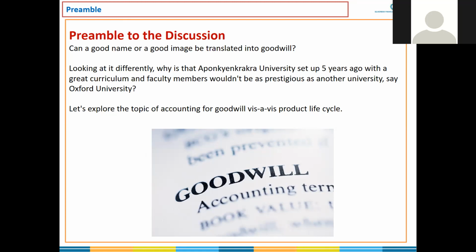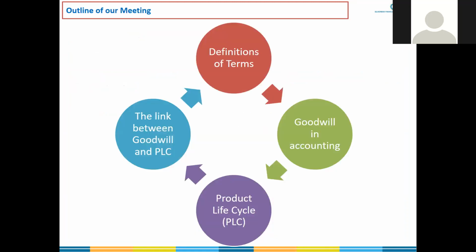So now we are going to go into the definitions and look at what goodwill is. And then we shall be able to know the differences and how we can guide ourselves, and how it will help us a lot. Okay, so let's go ahead.